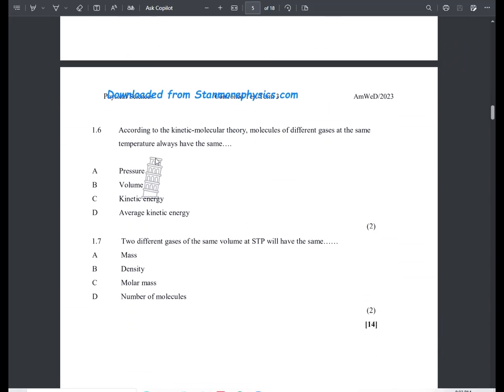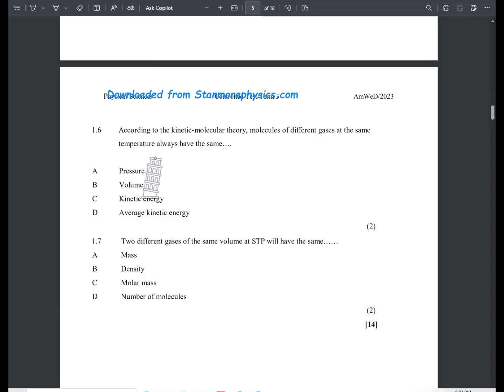All right, then 1.6 says, according to the kinetic molecular theory, molecules of different gases at the same temperature always have what? Do they always have the same pressure? Do they always have the same volume, kinetic energy, or average kinetic energy?